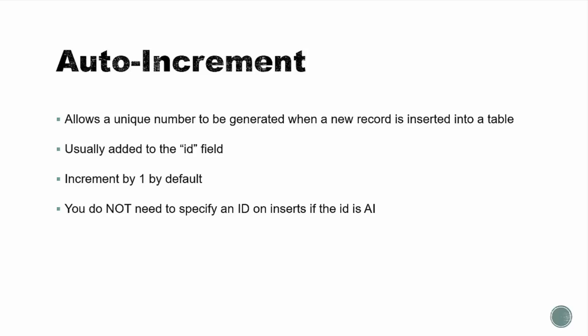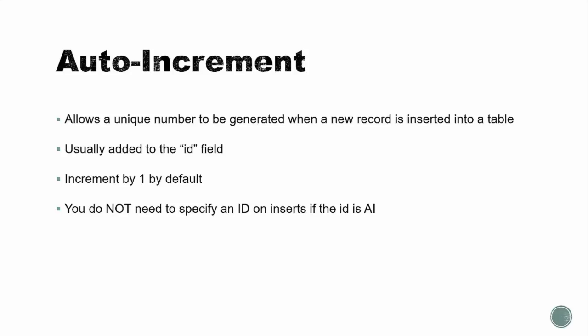Now we can also set a field to be auto increment, and this allows a unique number to be generated when a new record is inserted into a table. So for instance, let's say we have a table and the very last record that was inserted has an ID of 5. Well, if we go and we insert another record, it'll automatically be 6, okay, and then 7, 8, and so on.